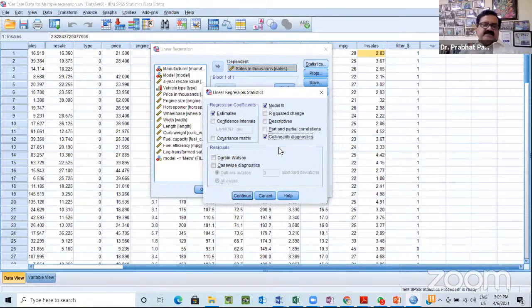So collinearity is a problem which indicates that your independent variables themselves are correlated with each other. And one of the assumptions of regression analysis is that it should not have a multicollinearity problem.